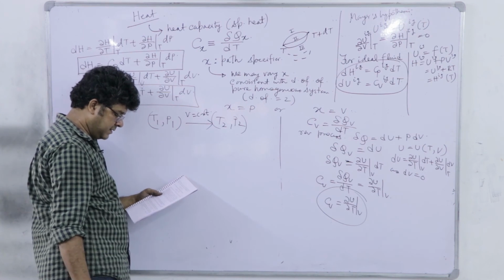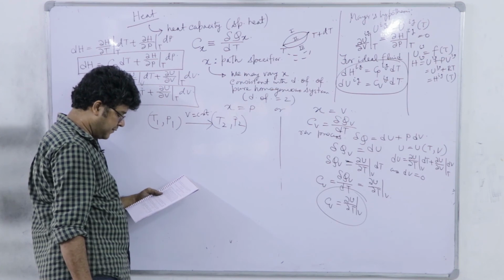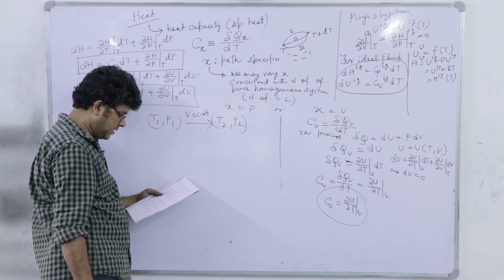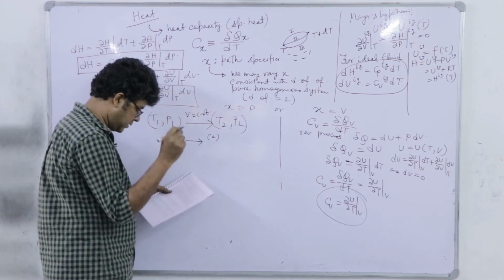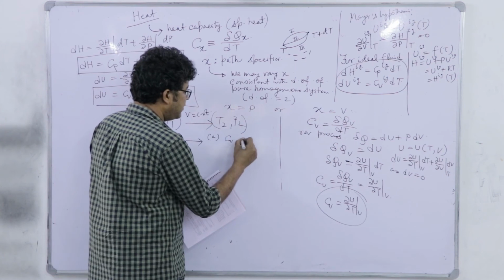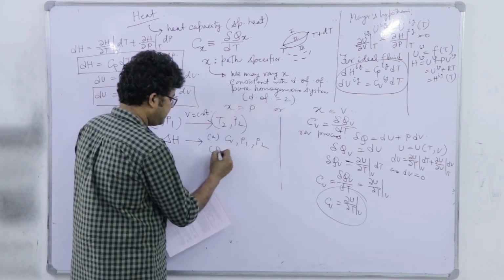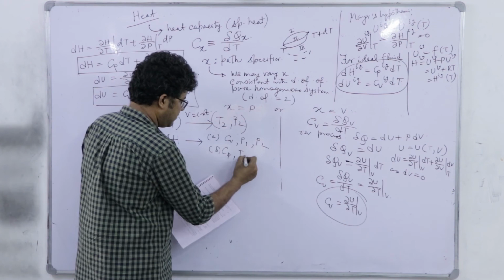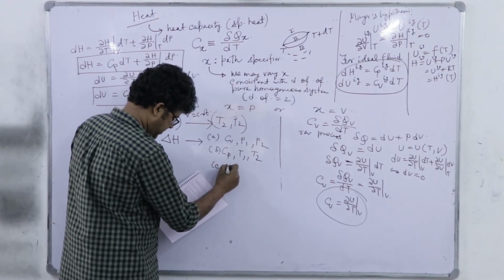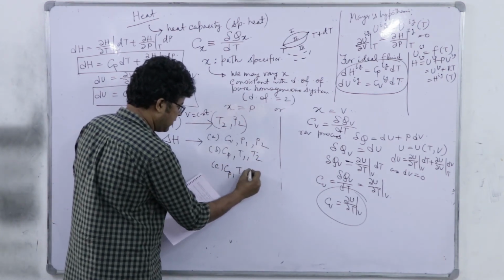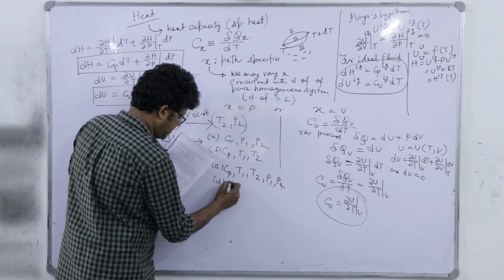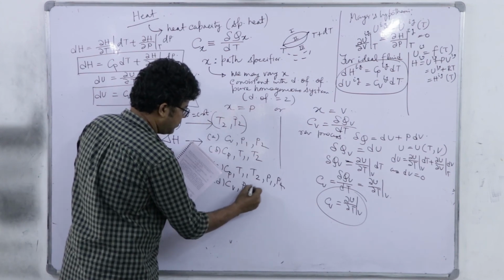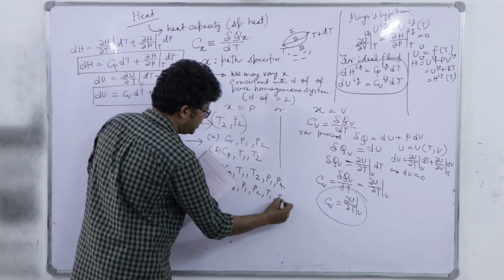To calculate the enthalpy delta H, all the following properties or variables are required. Delta H is a function of what? What are the options? Cv, P1, P2; Cp, T1, T2; Cp, T1, T2, P1, P2; Cv, P1, P2, T1, T2.